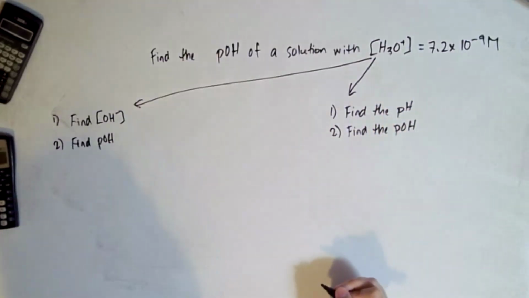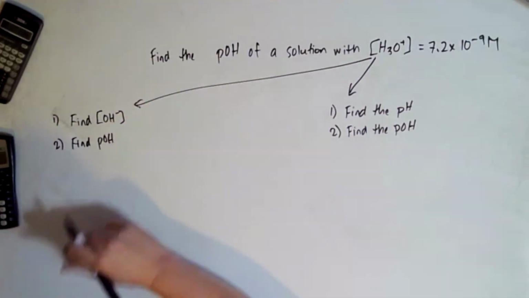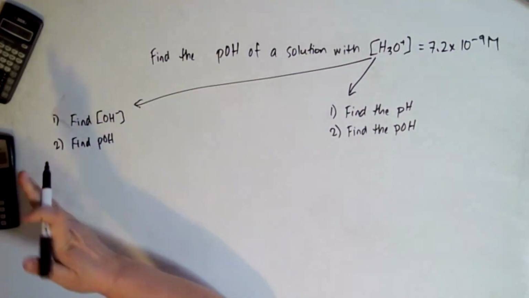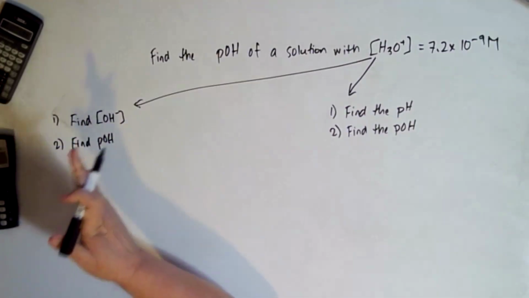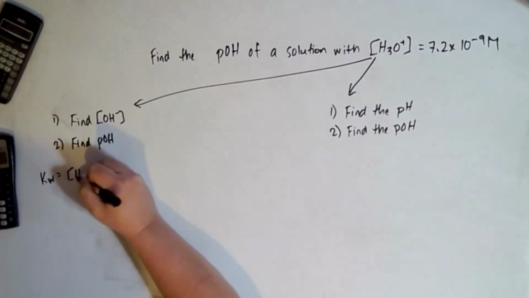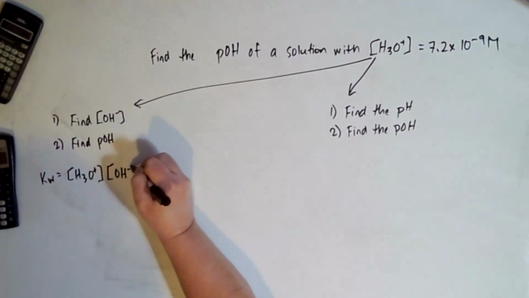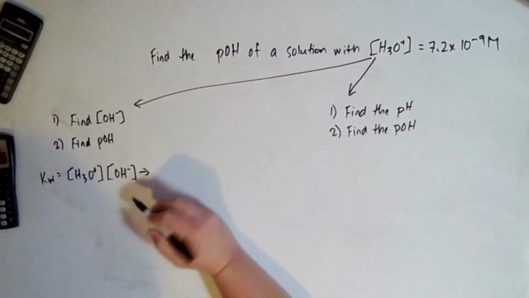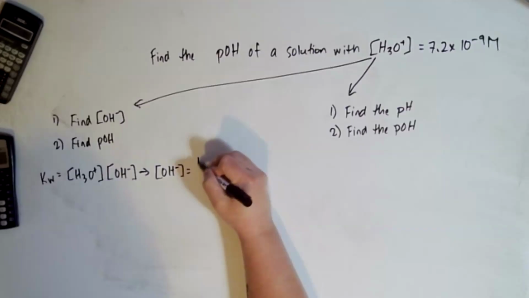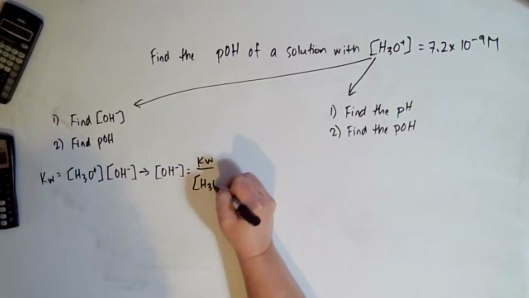Okay. So let's say that we want to do this first method and we want to take our H3O+ and find the OH- from that. We're going to remember that Kw equals H3O+ times OH-. So if I want to find OH-, my OH- is going to be Kw divided by H3O+.